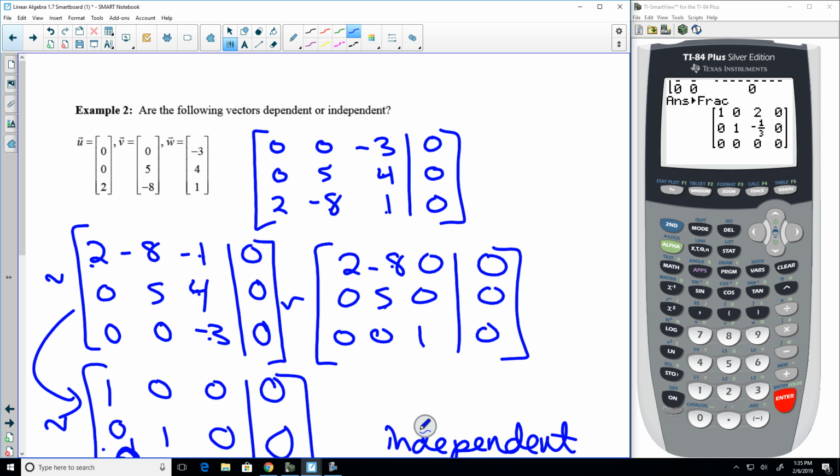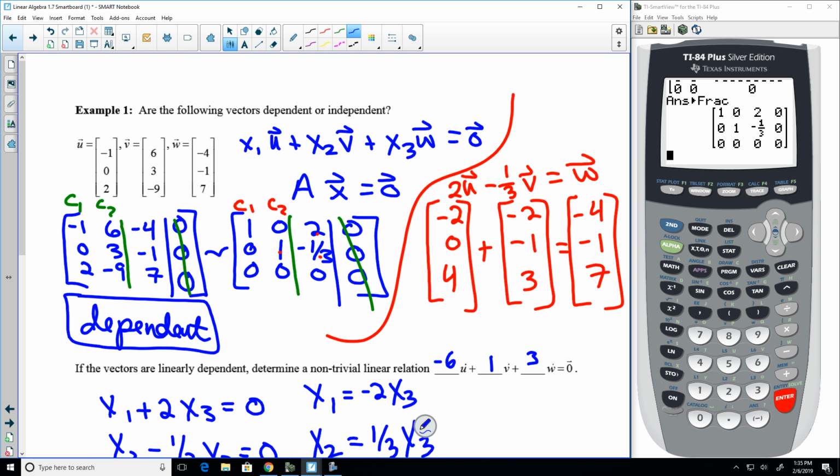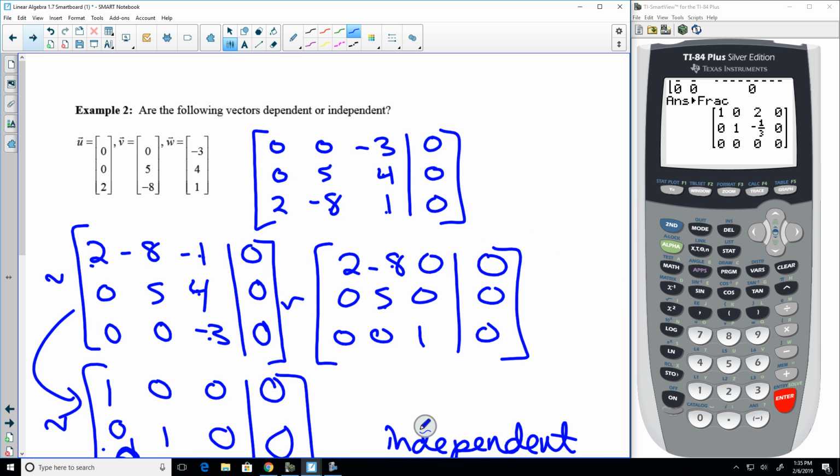Remember when I said if I just take these first two, they would be independent, right? There are 3 rows and only 2 columns if I just take the first 2. But let's say we were doing this last one.